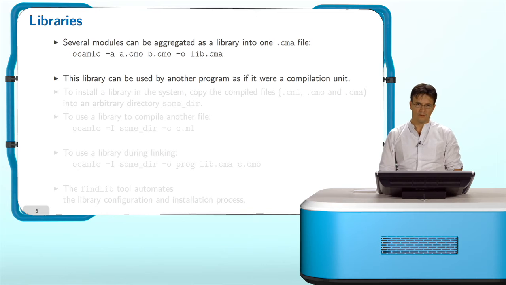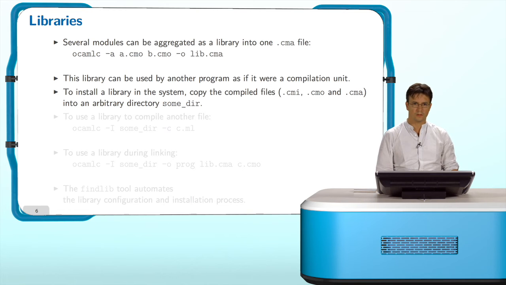Now, once you have a library, it can be used by another program, exactly as if it were a compilation unit. To install a library in the system, you just have to copy the compiled files .cmi, .cmo, and .cma into some directories that you choose to install your library.